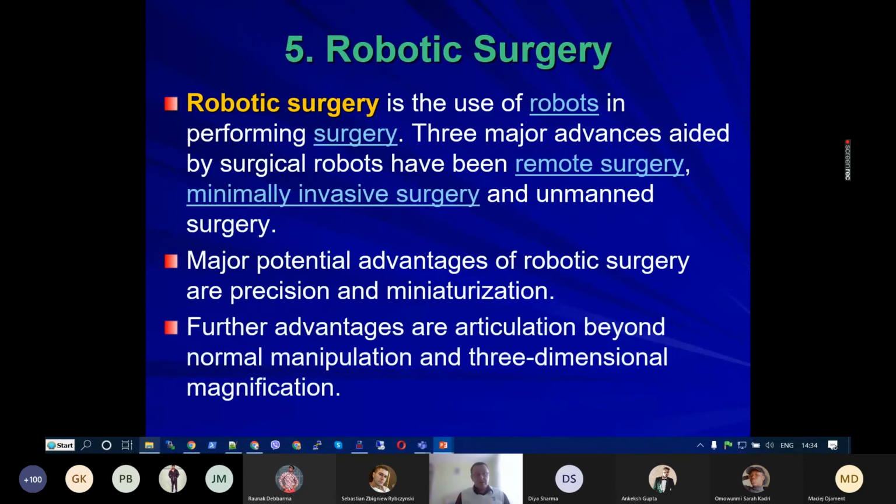And for the last point in this lecture, it's an introduction to robotic surgery. As it sounds, it's the usage of robots to perform surgery. But the major advances added by surgical robots have been remote surgery, minimally invasive surgery, and unmanned surgery. In fact, in my opinion, our modern surgery robots are not fully robots.